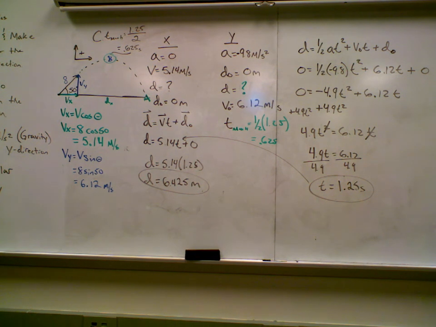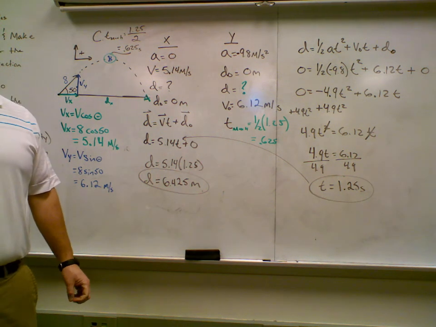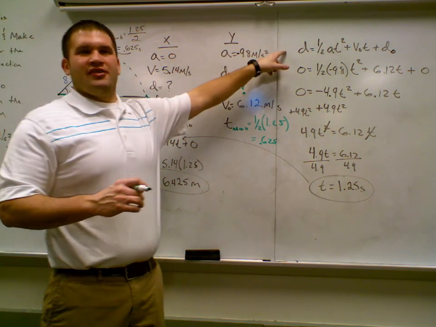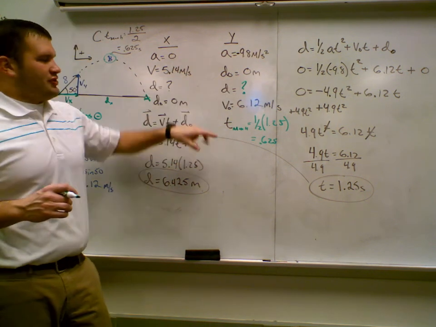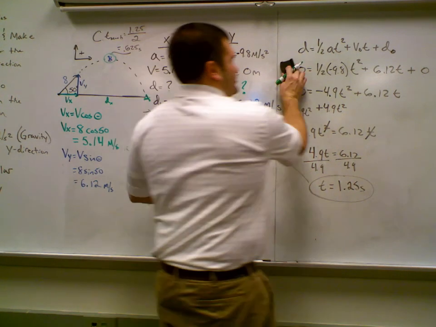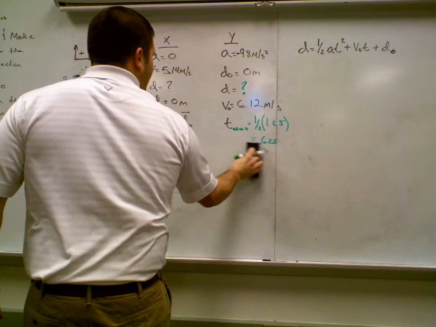Right? Now, what equation do you think we should use? Probably this one again, right? Because we have basically all the same ones. We just switched that. Now we know t, but we don't know our final position. So we're going to use that equation again.